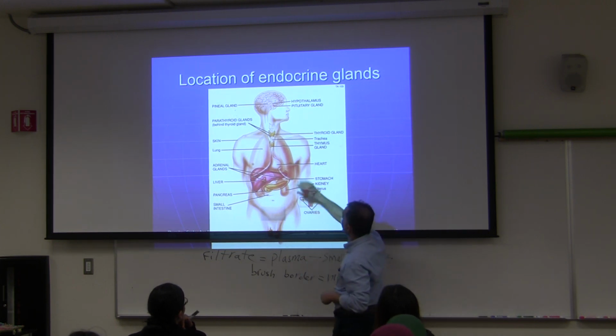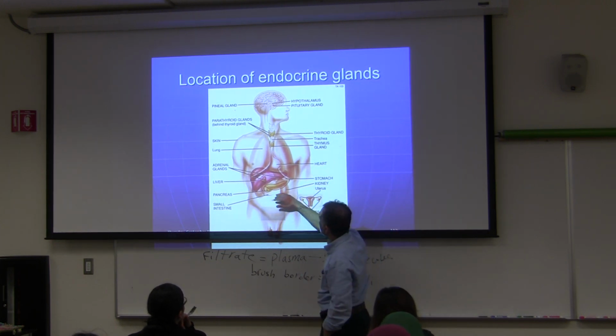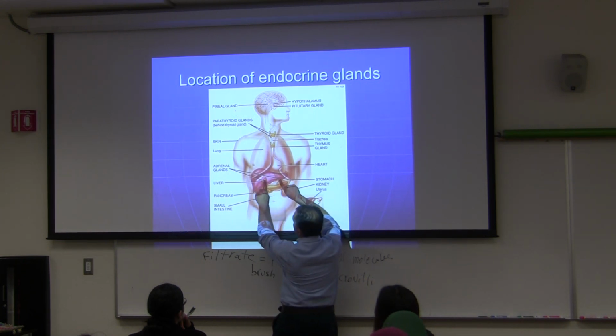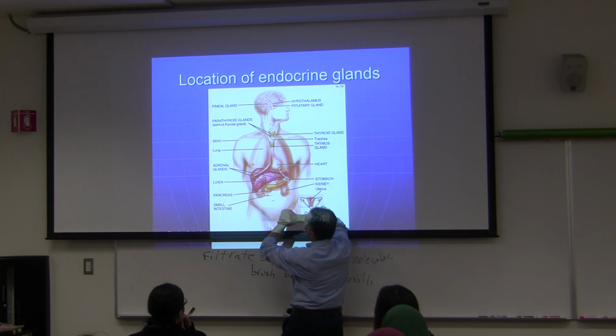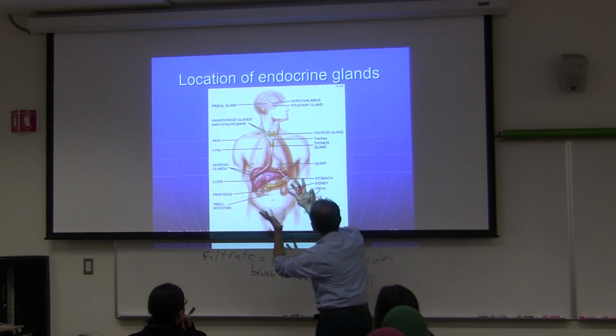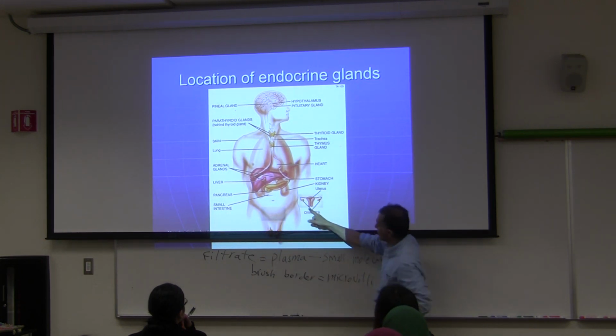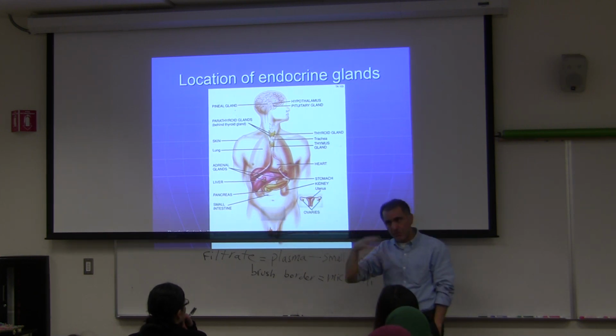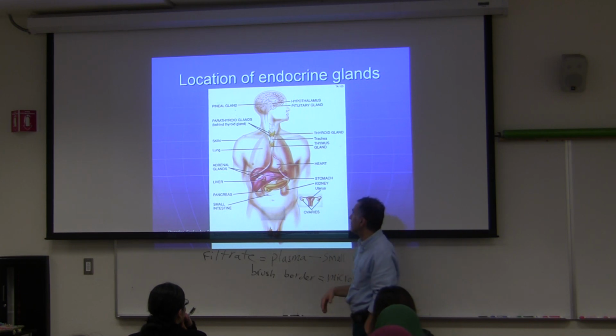And then you have the heart, of course. Then you have the adrenal gland on top of your kidney. We do have a slide of it. Okay, 2 of them. And then what else? Liver, of course, it can be. And then, of course, the ovary and testes can be both reproductive and endocrine system.